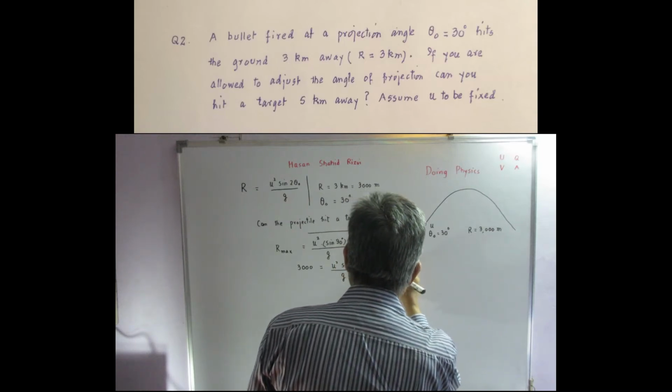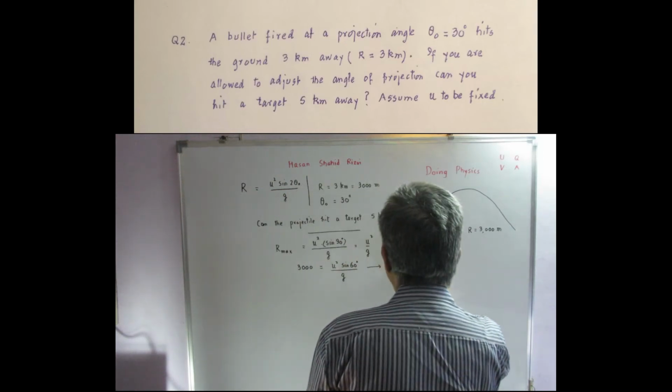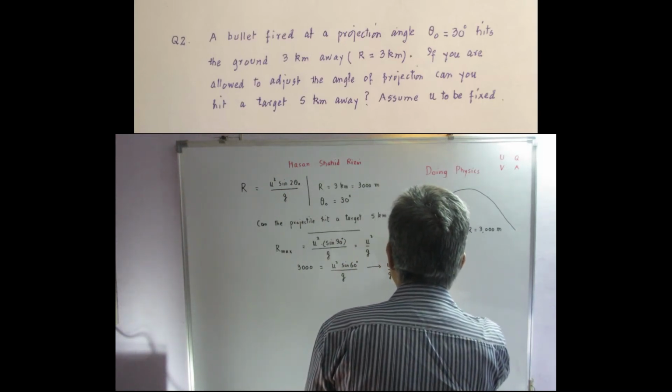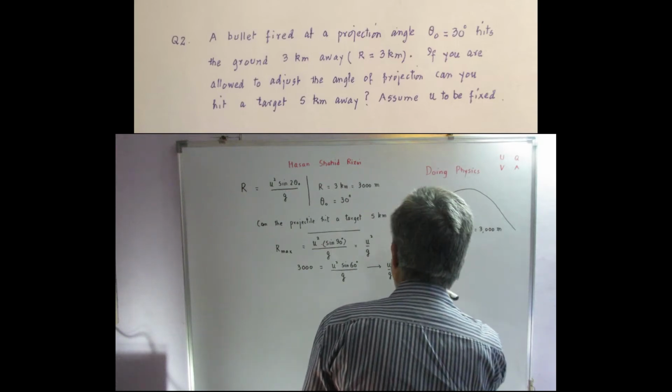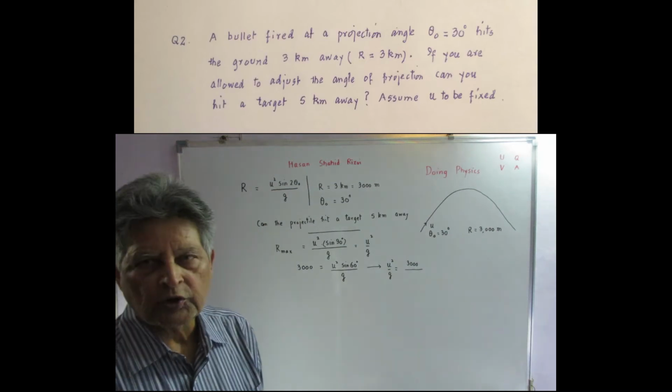Now the two values are fixed. This is equal to 3000 divided by sine of 60 degrees, and the sine of 60 degrees is root 3 by 2.